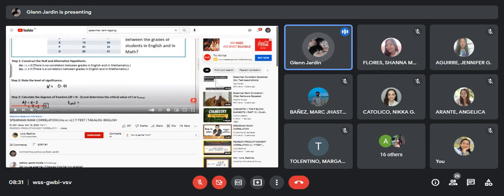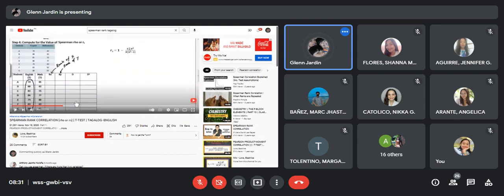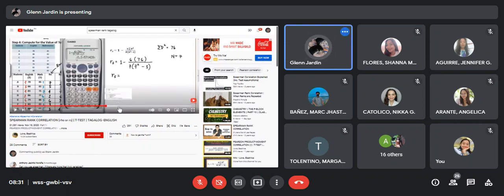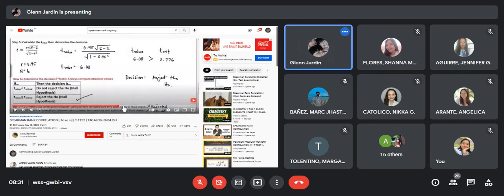And then step 4 is the computation of Spearman rho using ranks. Itong pinakamahalaga yan, dapat tama ang computation. Then step 5, using t-test, calculate the t-value para magkaroon tayo ng decision.